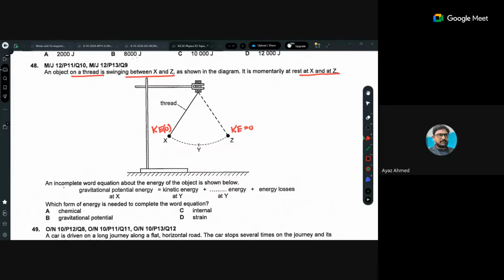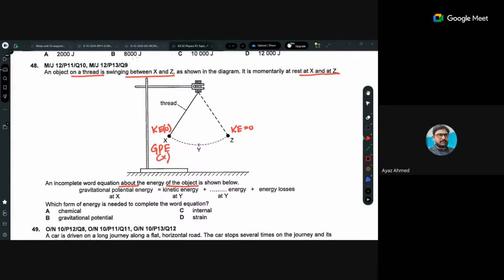An incomplete word equation about the energy of the object is shown: gravitational potential energy is equal to kinetic plus dash energy plus energy loss. Here, all of the energy at x is GPE.